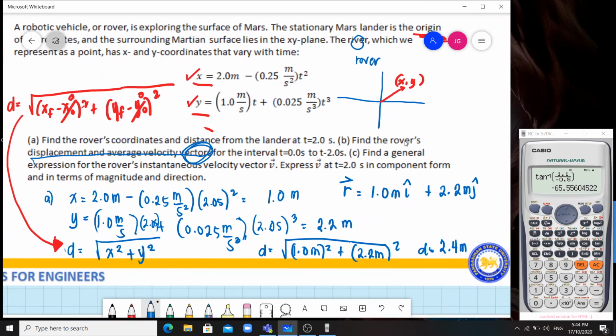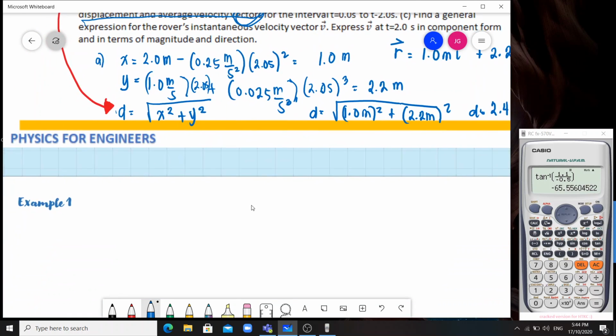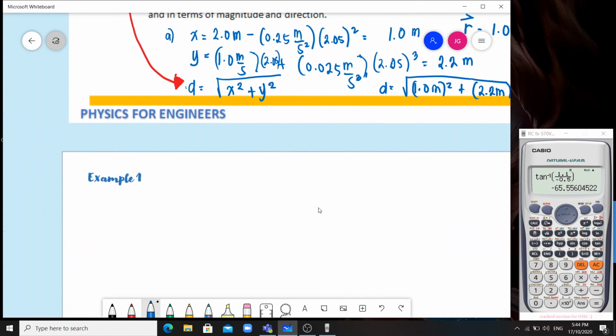So, letter C, find a general expression for the rover's instantaneous velocity vector V. So, it is asking for the formula or expression or function of the instantaneous velocity, which is equivalent to the change of r over dt. Right? Derivative.